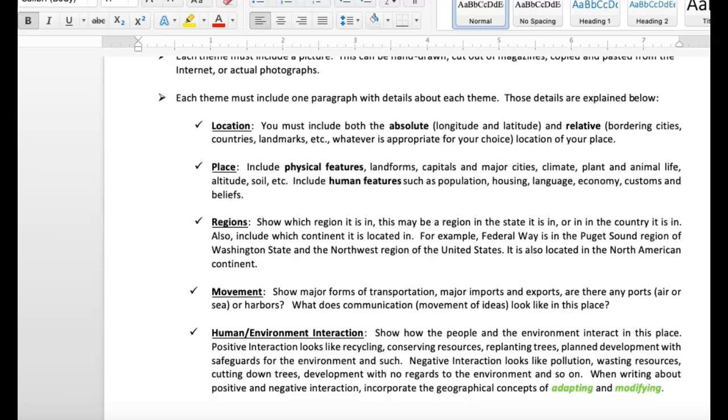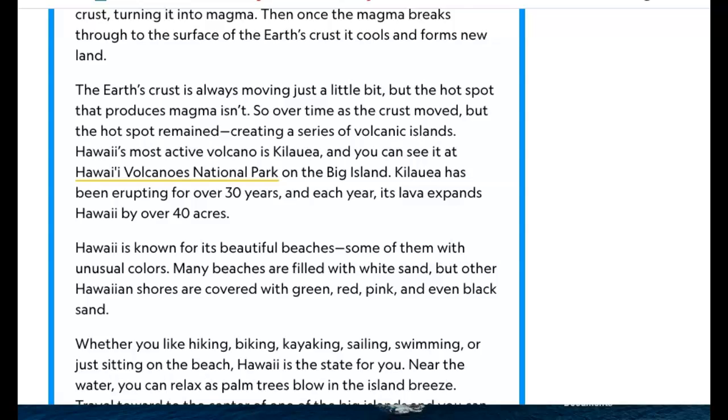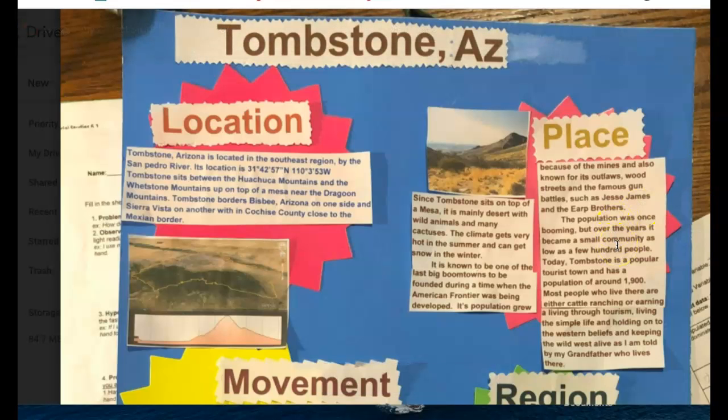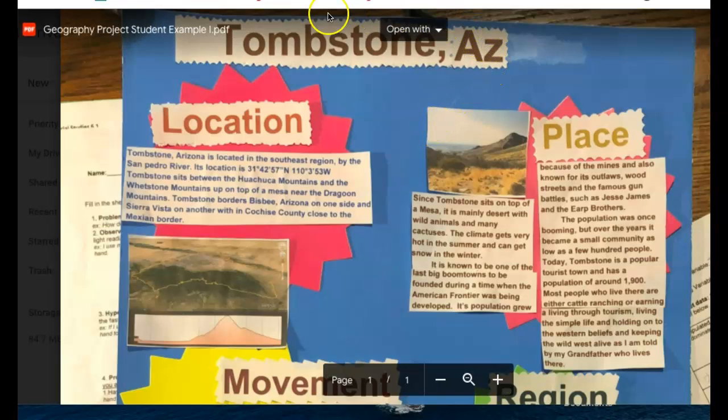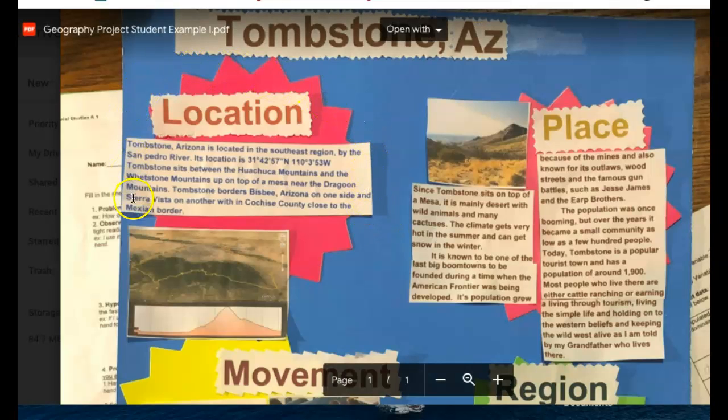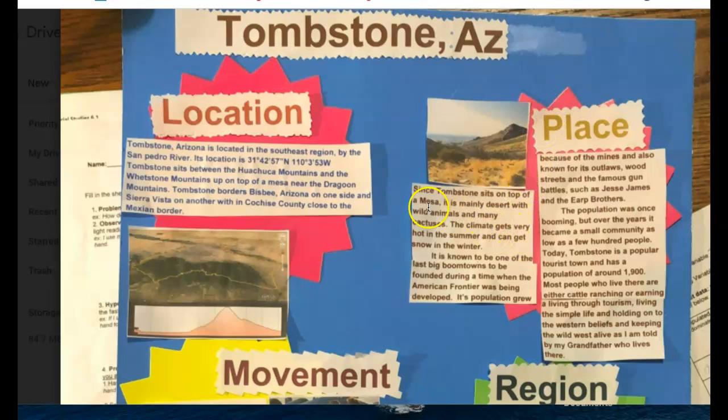And then one other thing that I wanted to do was to bring up this student example. This was actually from a student that I had last year. He's now in the 7th grade, but he decided to do his on Tombstone, Arizona. And I wanted to show you that he's got each section or each theme in a different place on his poster board.